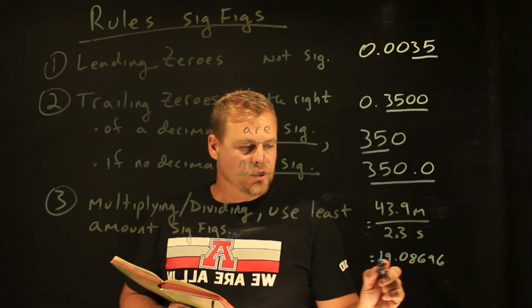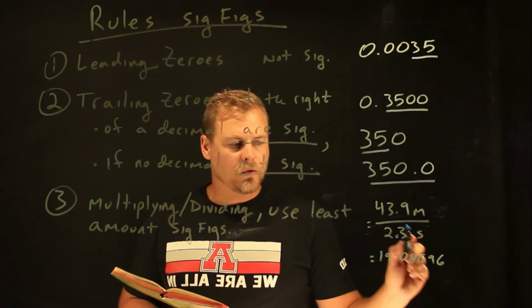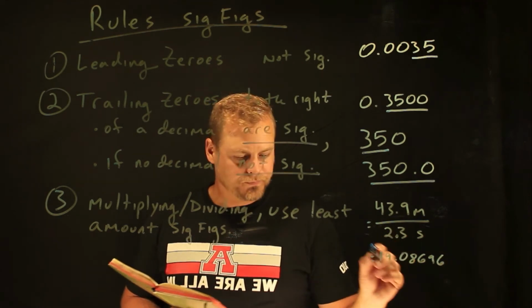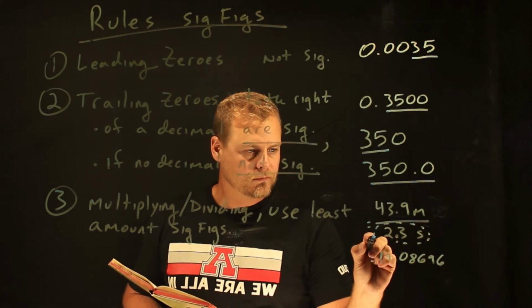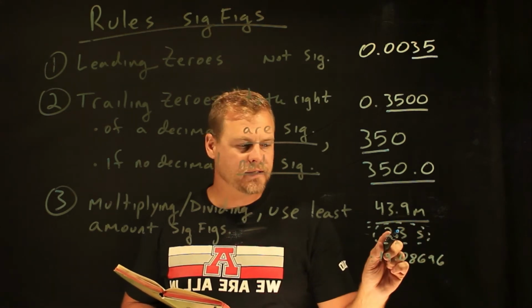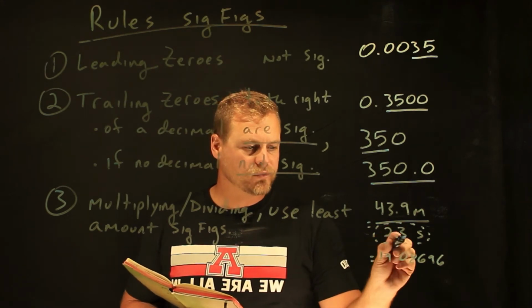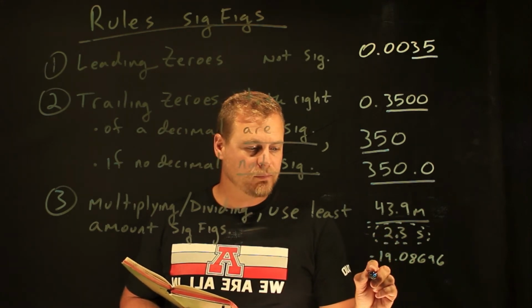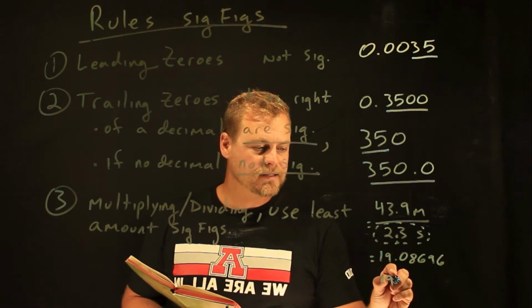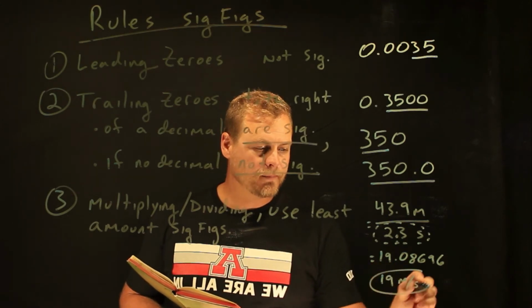But you're not going to want to use that whole number, because 2.3 seconds is your significant number because it's the least amount. There's only 2, and so I have to report my number as 19 meters per second.